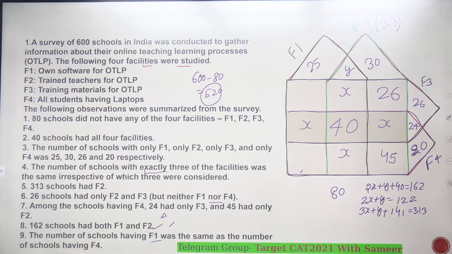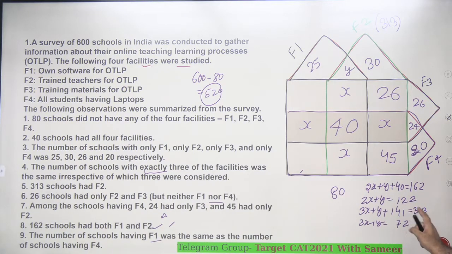Let me cross check it. 3x plus y, 40, 30, 30 plus 30, 115, 115 plus 26, 141. You see that here I'll get 3x plus y is equal to 313 minus 141, which is 172.